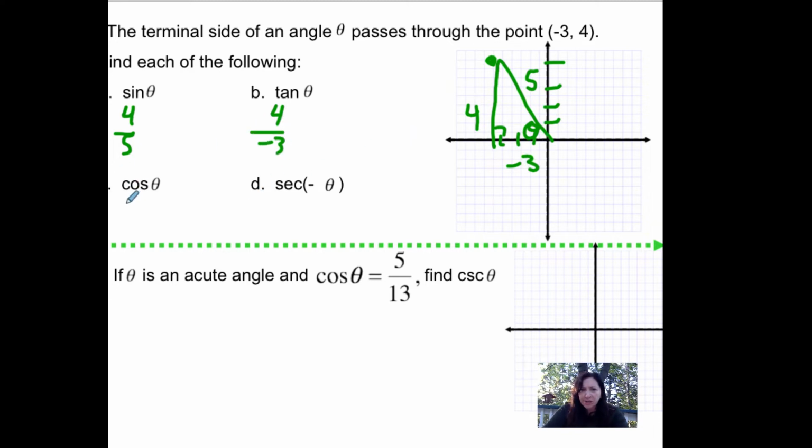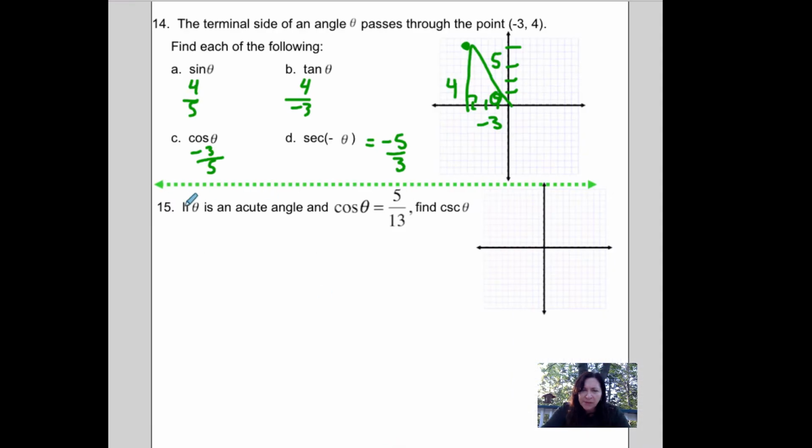Cosine is adjacent over hypotenuse, and secant is the reciprocal of cosine. Remember, cosine is negative in that case, so it's going to be -3 over 5, so secant is 5 over -3. So you could just write -5 over 3.